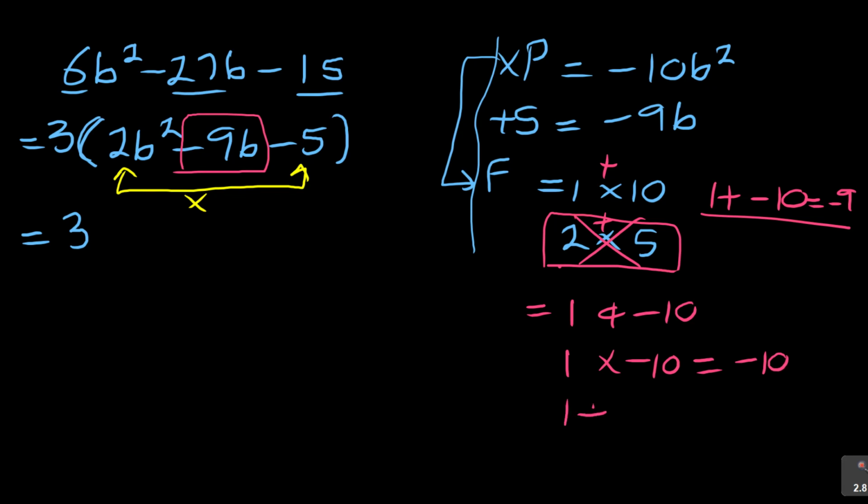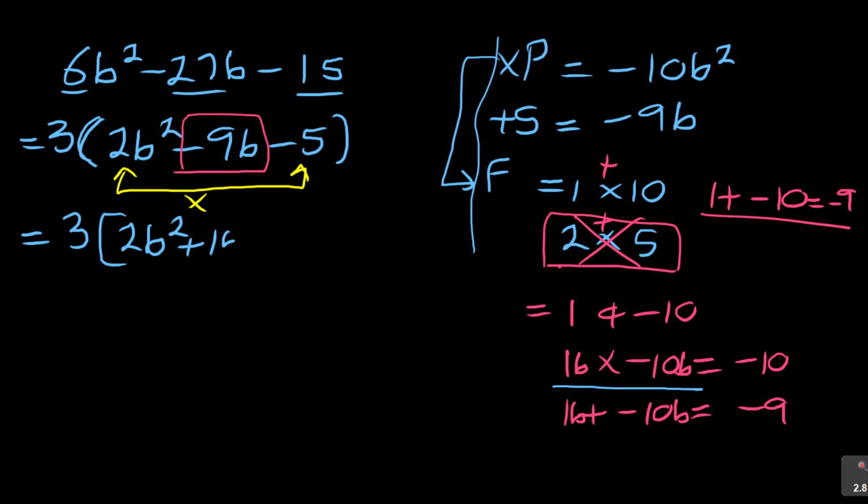If I say 1 plus negative 10, I get negative 9. So now you just put a b there. When I write this, it will be bracket 2b squared, plus 1b minus 10b minus 5.